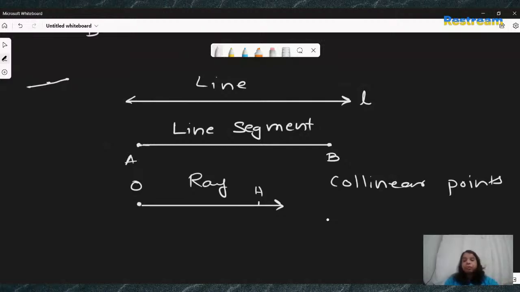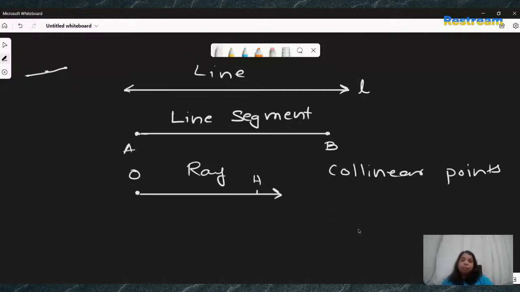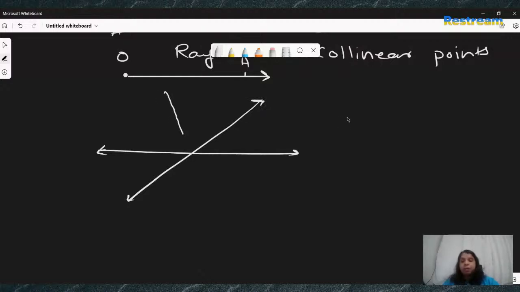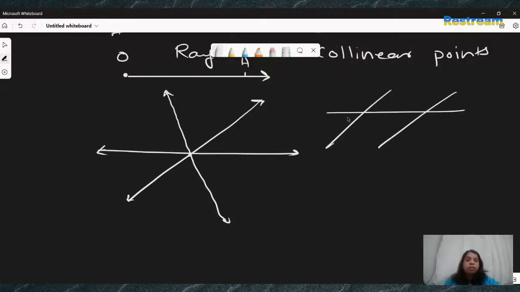Okay. Now then we have something called intersecting lines. Intersecting lines is when lines cross each other. There can be infinite intersecting lines passing through a single point. Okay, there can be an infinite number of lines passing through a single point. These are also called intersecting lines.